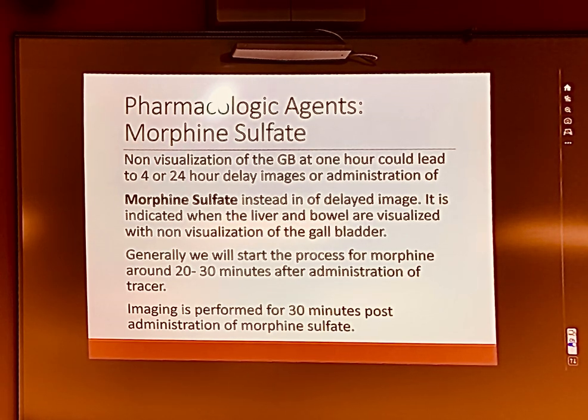Okay. You can only give morphine sulfate when you have liver activity and bowel activity, but no gallbladder. You never want to give morphine if you have liver activity and nothing else. Okay? Liver and bowel, but no gallbladder.